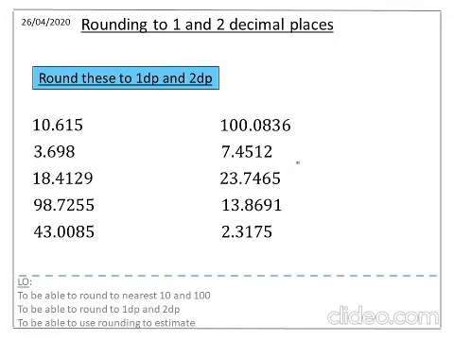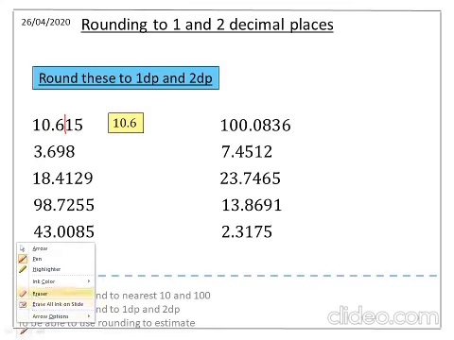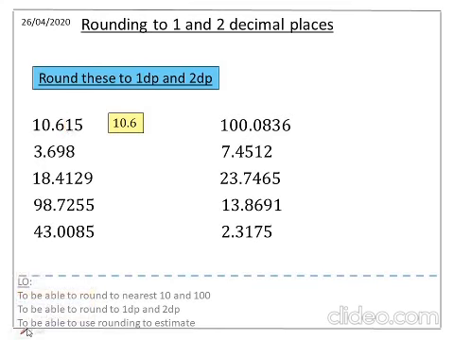So 10.615. If I round this to one decimal, 1 means it retains, so 10.6. But what if it's two decimals? We look over here, so we get 10.62.